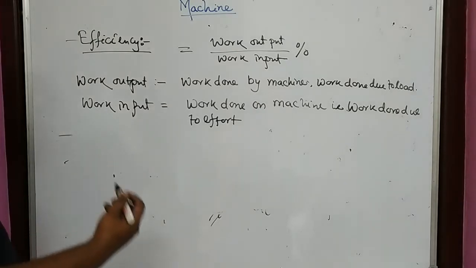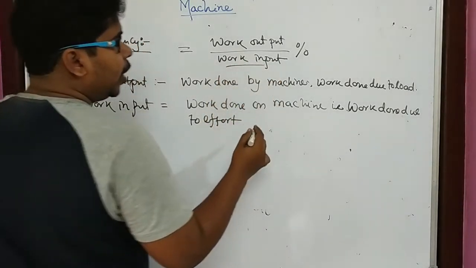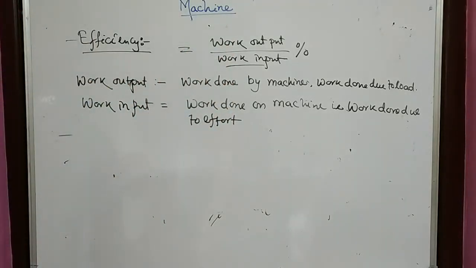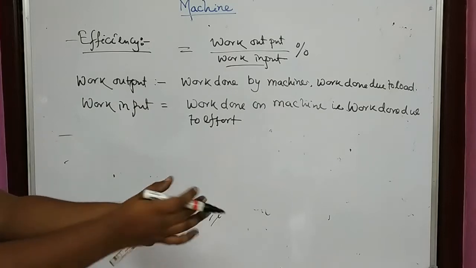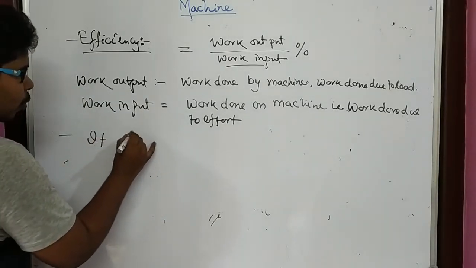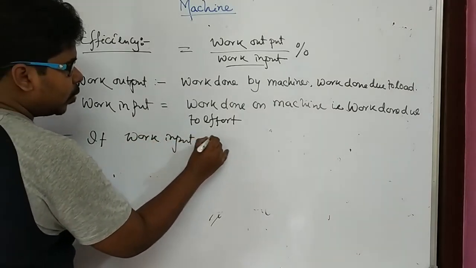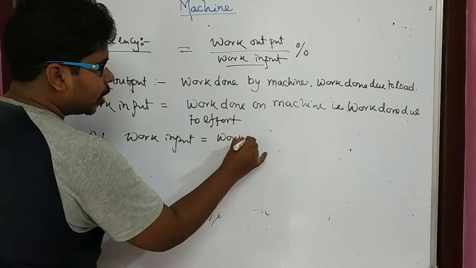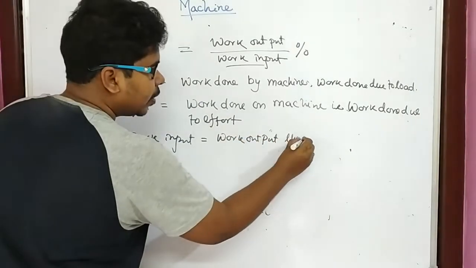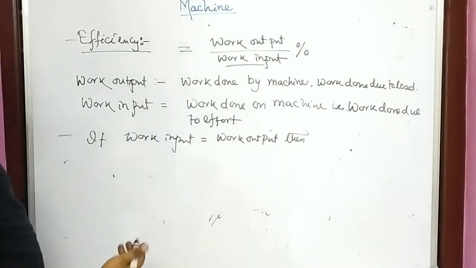Assume how much work we have done, that is work input, if we receive the same amount of work. That means if work input equals work output, then this ratio will be 1.